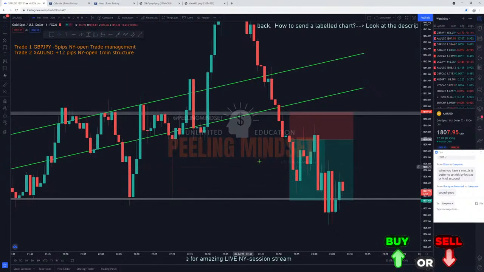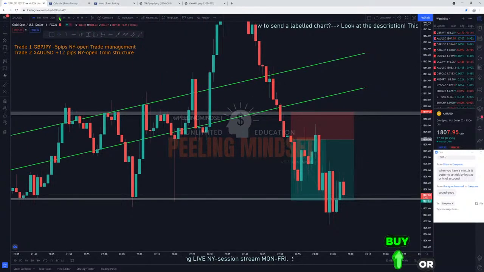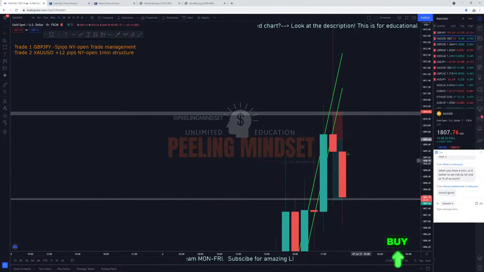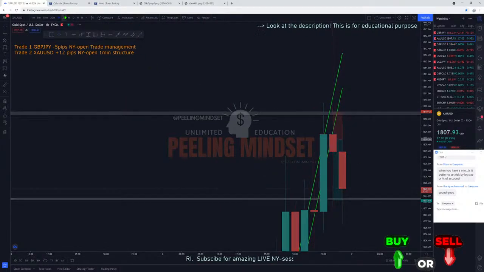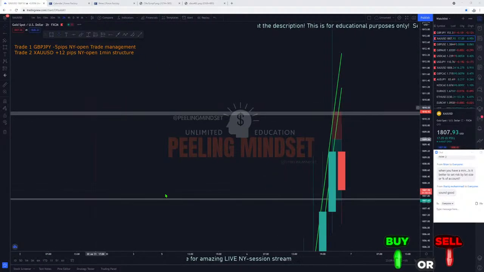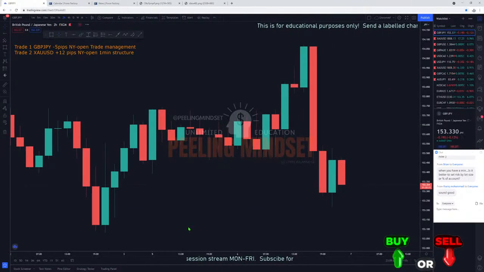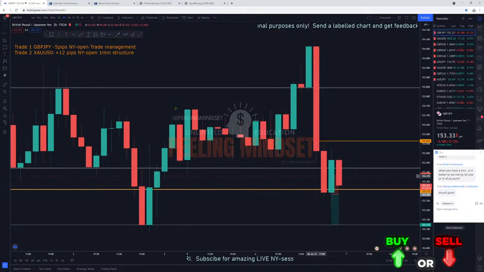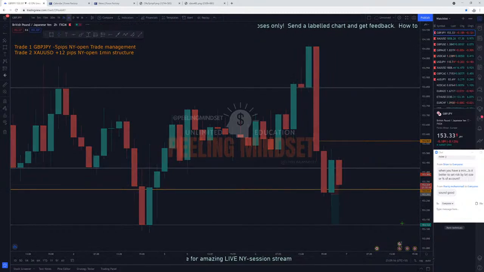It's kind of interesting. Oh, and pound yen is pushing down now. Look at Mr. Pound Yen. Oh my god, pound yen is pushing down now.